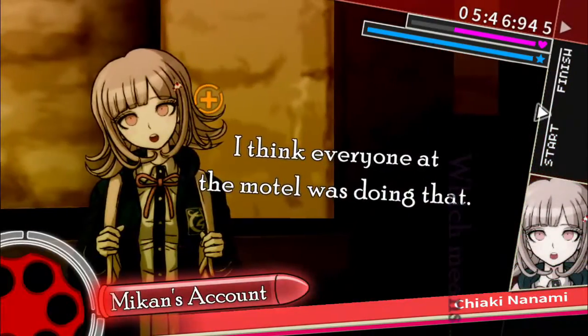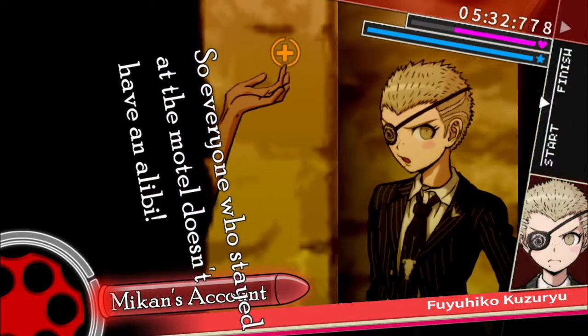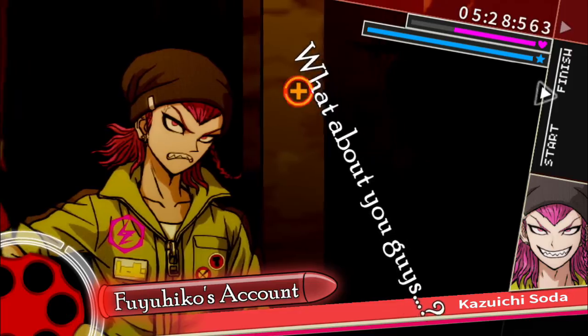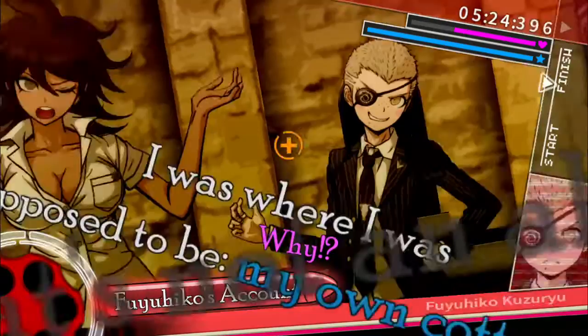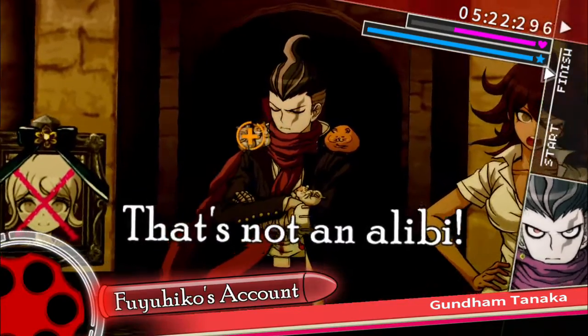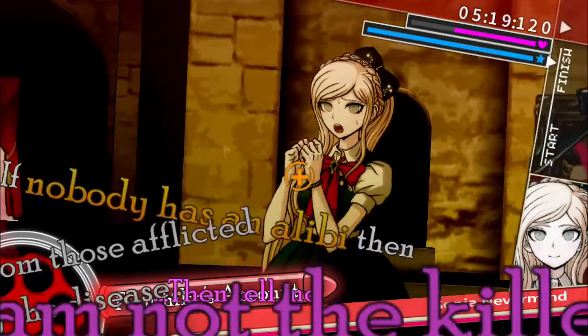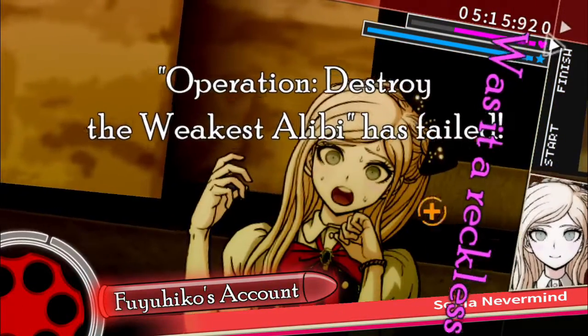I think everyone at the motel was doing that. So everyone who stayed at the motel doesn't have an alibi. What about you guys? I was where I was supposed to be, my own cottage. That's not an alibi. Aside from those afflicted by the disease, if nobody has an alibi, then Operation Destroy the Weakest Alibi has failed.